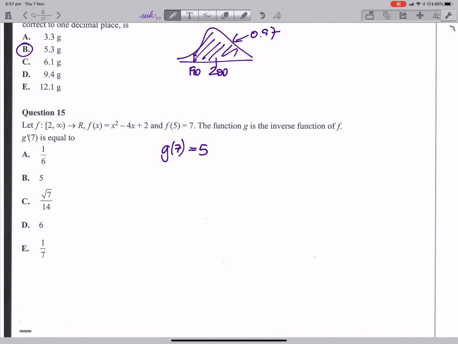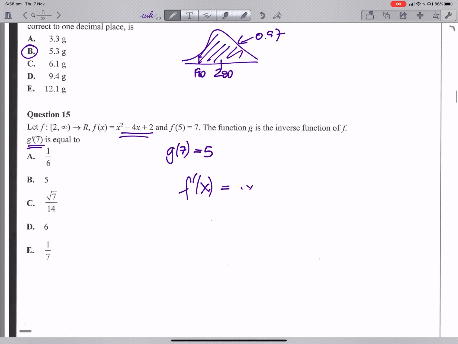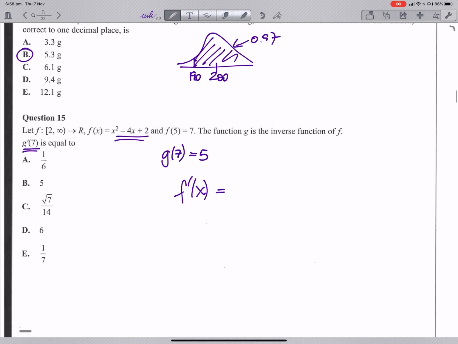But what that means is if we find the gradient at 5, the reciprocal will be the gradient of this at 7. So f dash of x is 2x minus 4. F dash of 5 is 10 minus 4, which is 6. So then g dash of 7 is 1 on 6. It's the reciprocal.